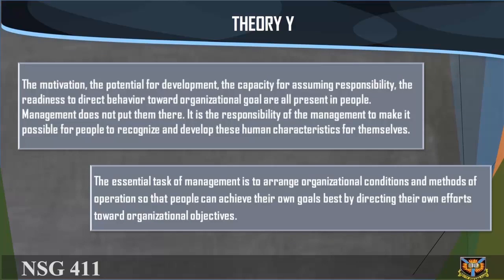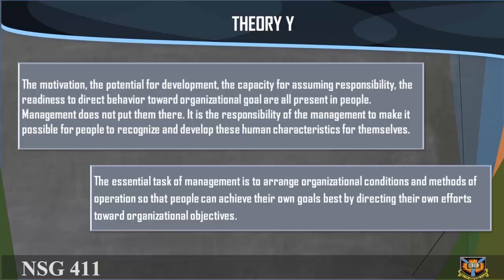3. The motivation, the potential for development, the capacity for assuming responsibility, the readiness to direct behavior towards organizational goals are all present in people. Management does not put them there.